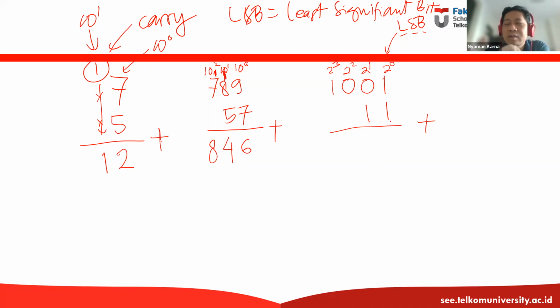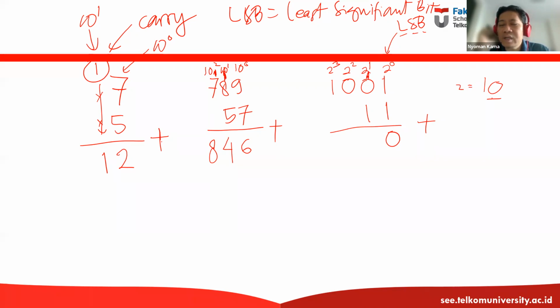1 plus 1 is actually 2. But we don't have the symbol of 2 in binary. 2 in binary is written as 10. So we're going to put 0 here and then 1 here. So 1 is now the carry.